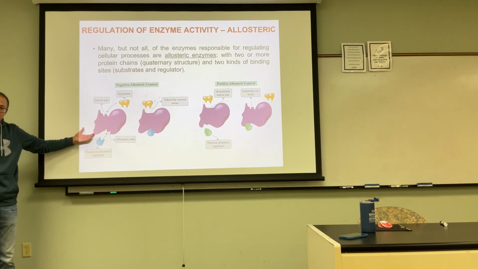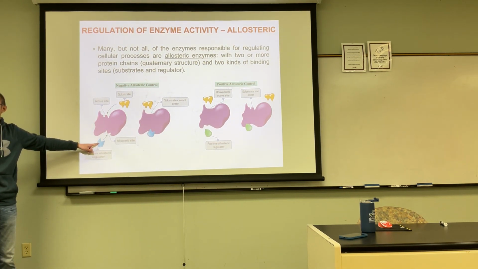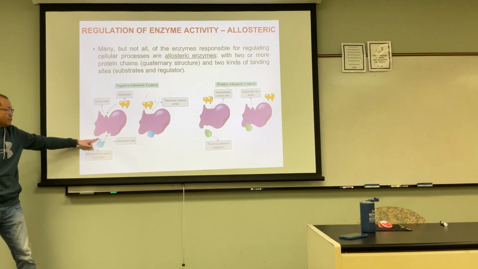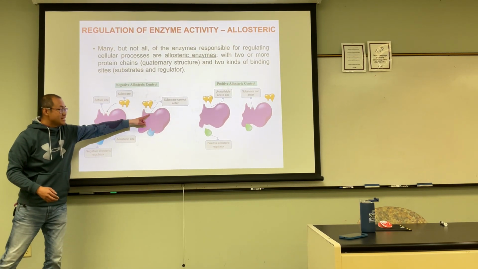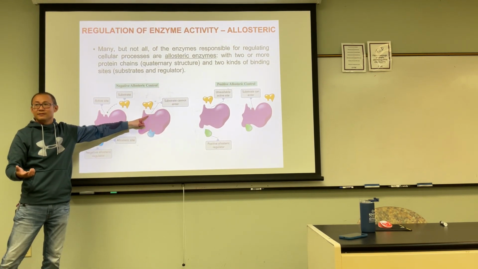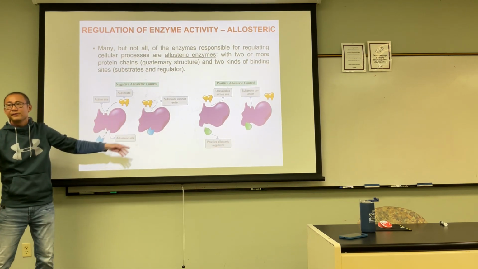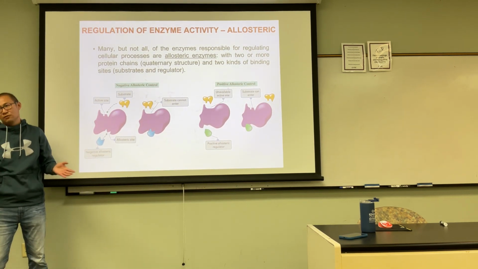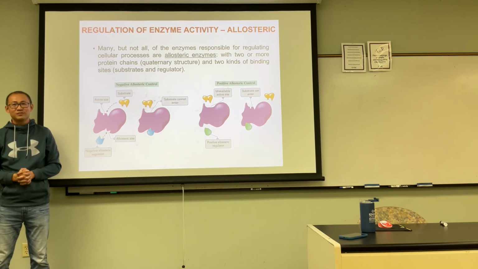On the left picture, this is the allosteric regulator, also a non-competitive inhibitor. When it binds to the enzyme, what happened? You can see the active site changed, so the substrate cannot bind in. So the reaction slowed down.